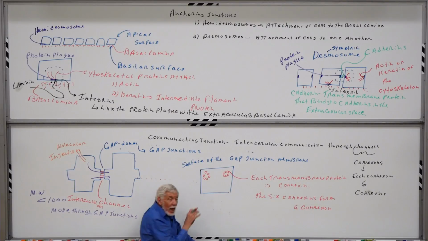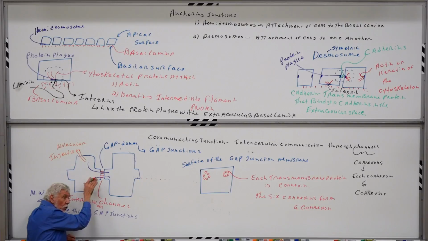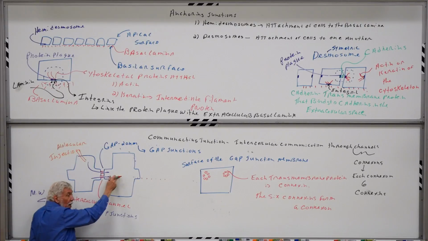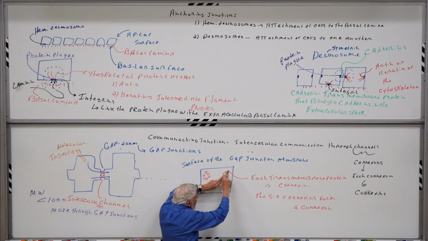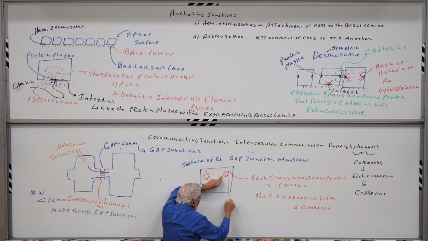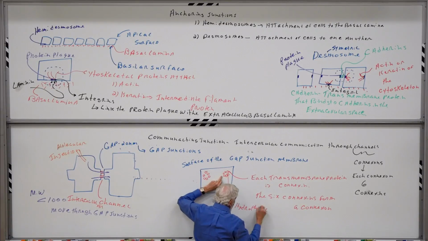And a typical gap junction may have several hundred of these connexons. So in this side-on view, in this cross-section view, you now have these open channels between cells. But those open channels are in fact transmembrane proteins organized around a central hydrophilic pathway. You can read channel.